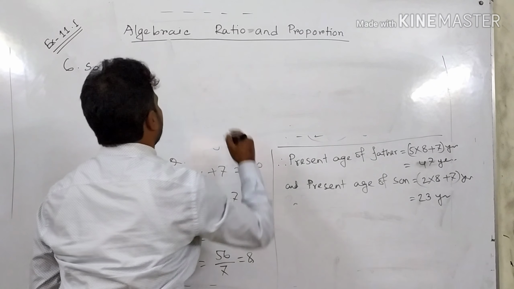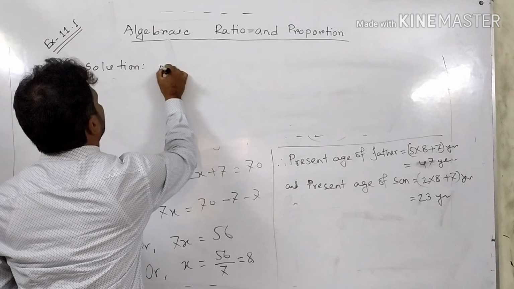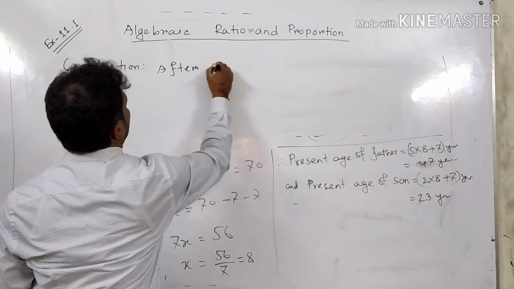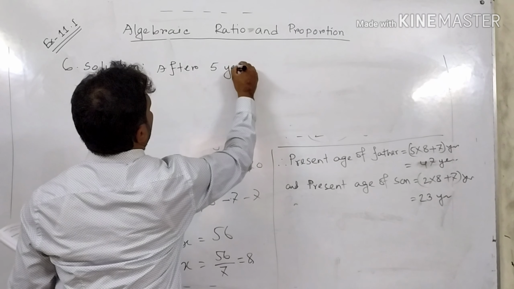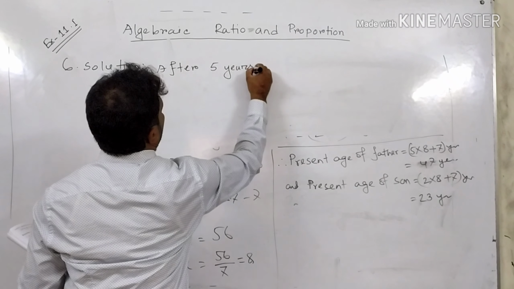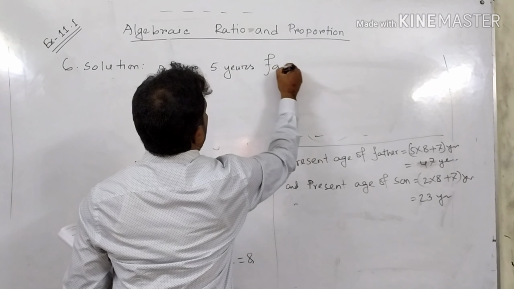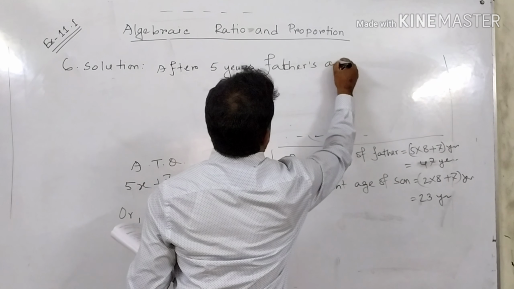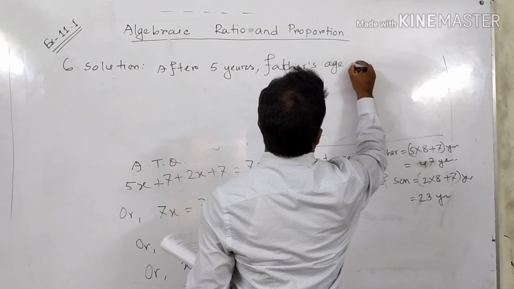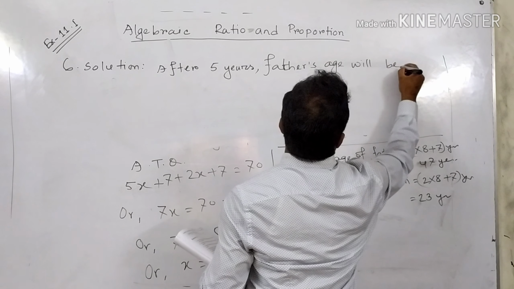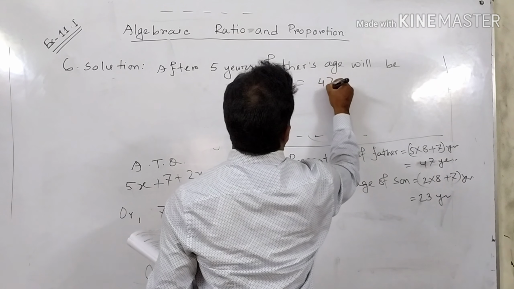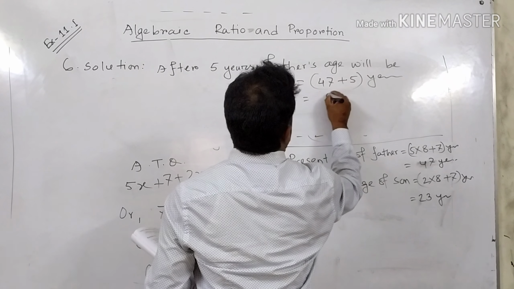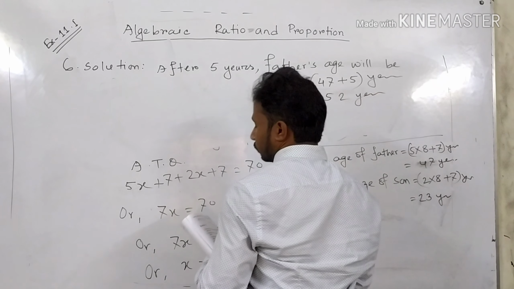Alright, therefore after 5 years, father's age will be 47 plus 5 years, equal to 52 years.